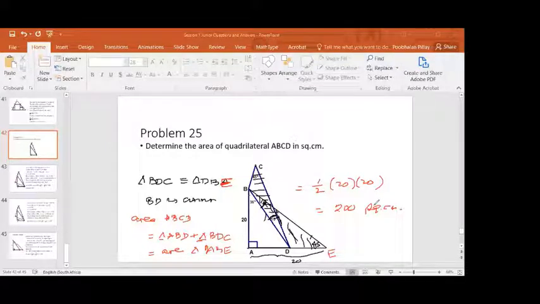There are many other constructions that you can do. As I said, you can try out some other things and try to prove this in various ways. But the problem with this one is that it's very hard for you to see that this is the construction. You need to make a construction to solve the problem. And I only found this construction after I solved the problem in some complicated way.